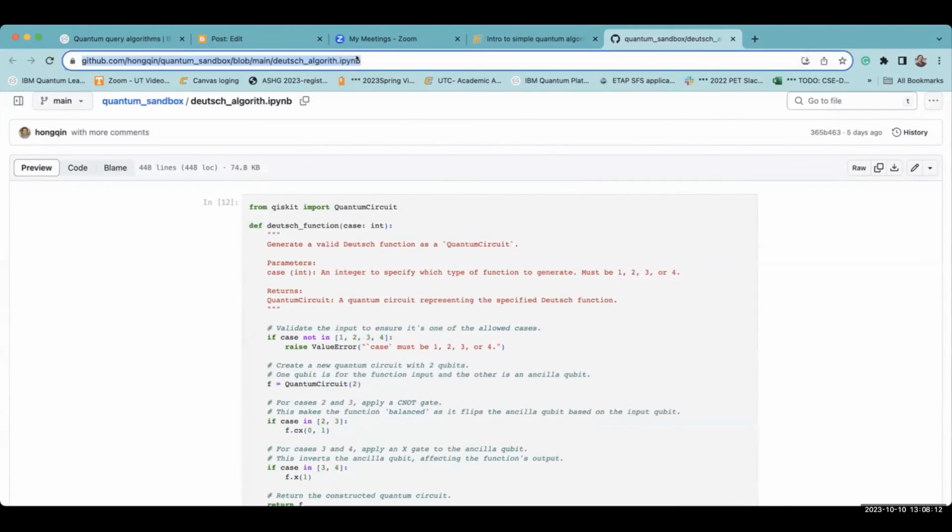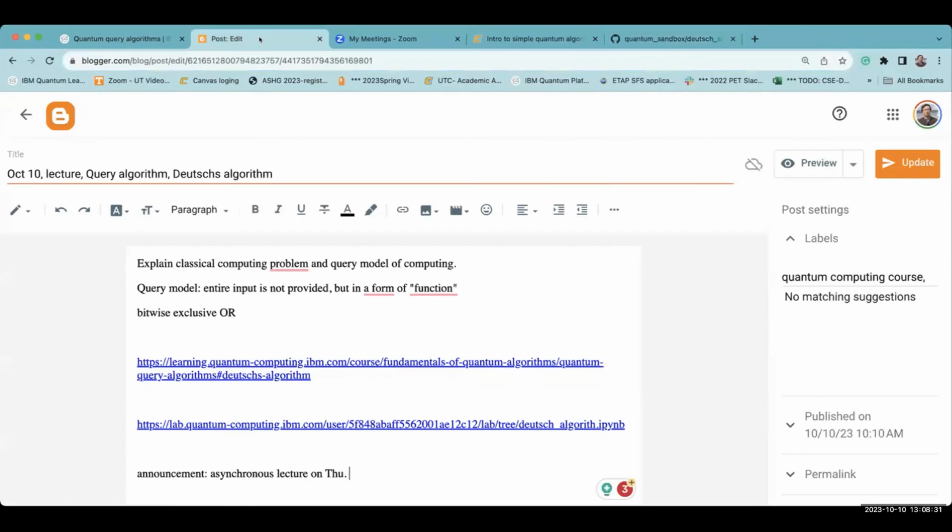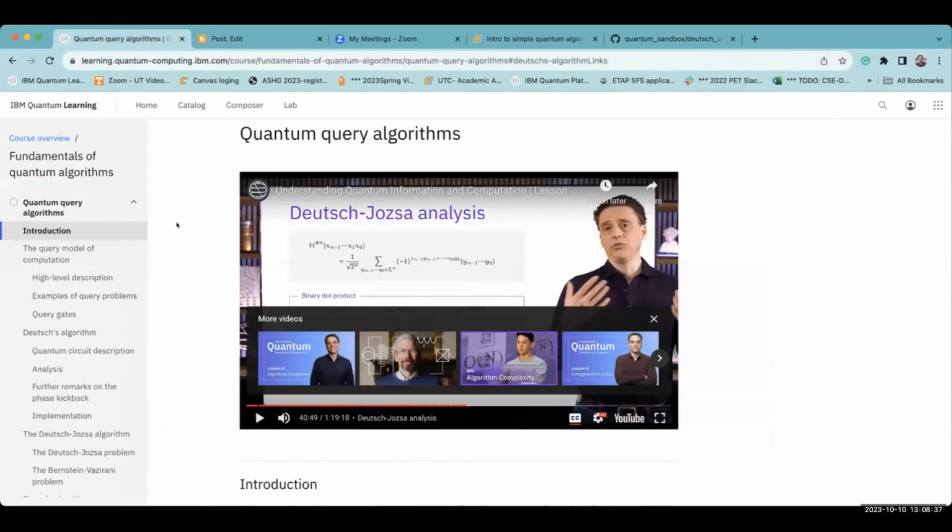Let me put that in the chat. Yeah, so I put that in the chat window. Unfortunately, it's hard to run this on Colab. So you really need to run that in the IBM quantum environment.